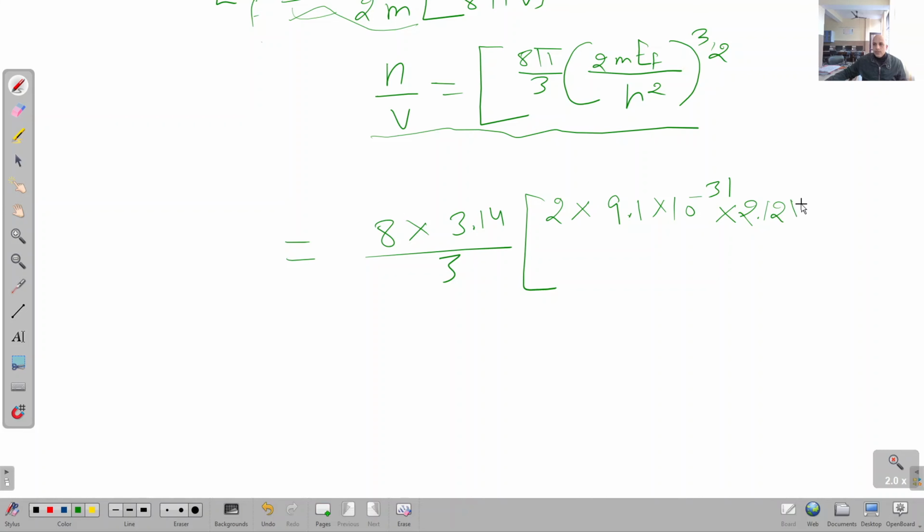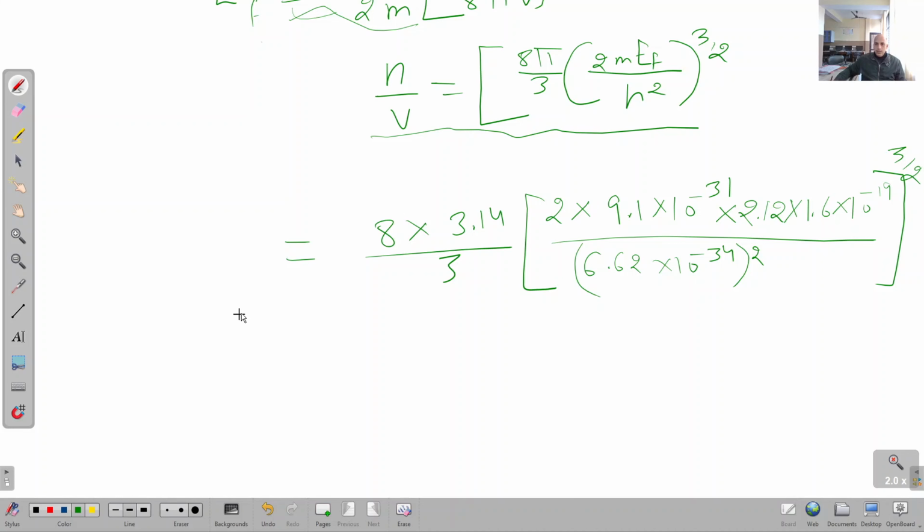So we have to convert this number into joule. 1 electron volt, we know, is equal to 1.6 into 10 raised to power minus 19 joule. In the denominator, you have h square, 6.62 into 10 raised to power minus 34, whole term squared, and this whole term to the power 3 by 2.